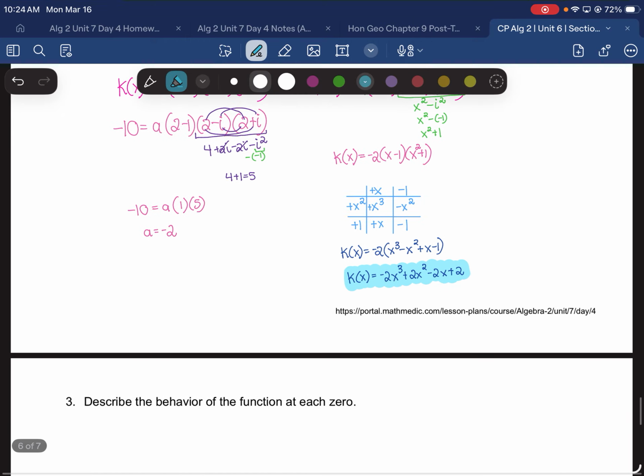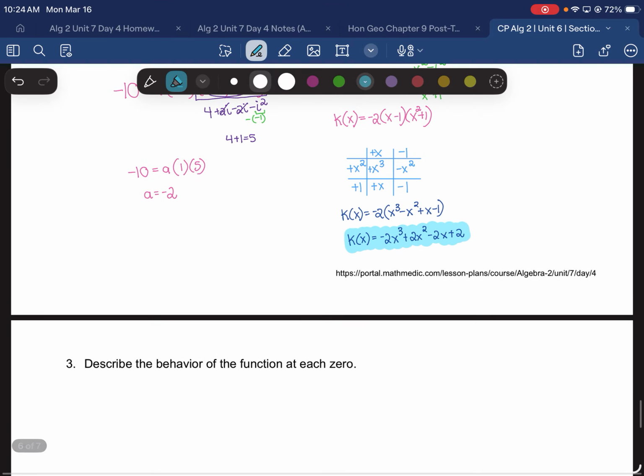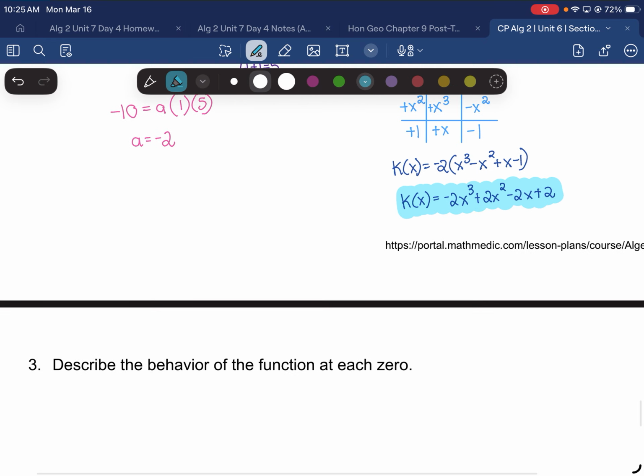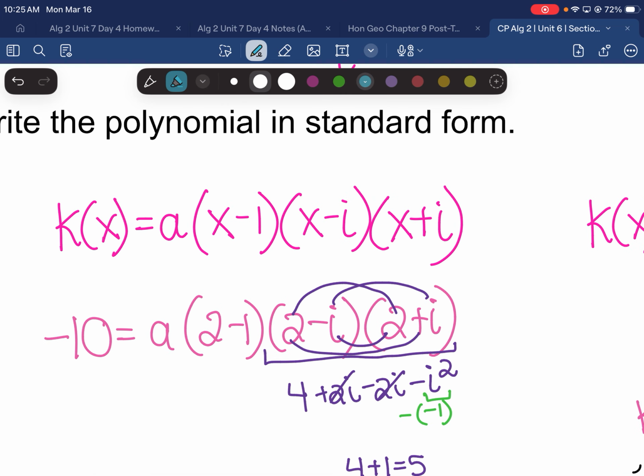Now, do I have two more questions? So, describe the behavior of the function at each zero. Is that when we're doing the tangent? Yes, touches or tangent, and then passes through. So back up here, I would look at your factored form.